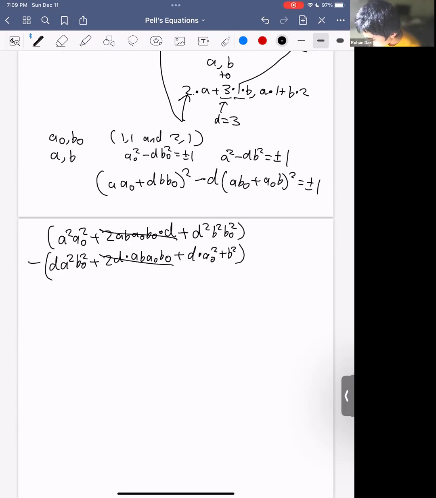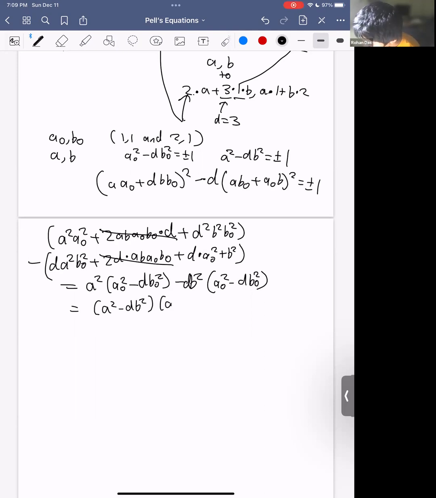These cancel, and we will be left with a squared times a0 squared minus d b0 squared, minus b squared times d times a0 squared minus d b0 squared. And then this reduces to a squared minus d b squared times a0 squared minus d b0 squared, which, since this is plus minus 1 and this is plus minus 1, they will multiply to plus minus 1 as well.